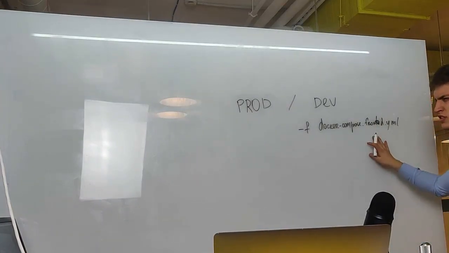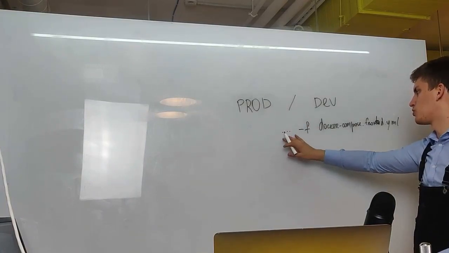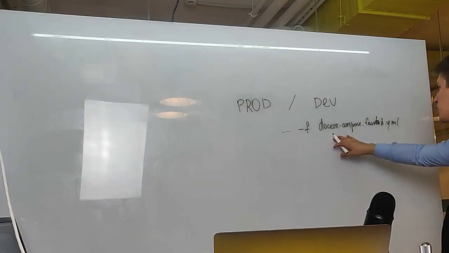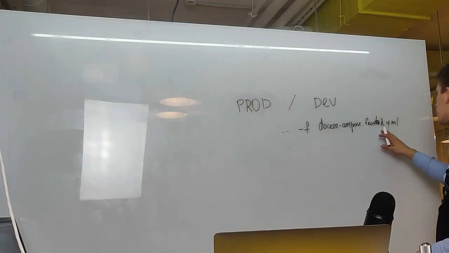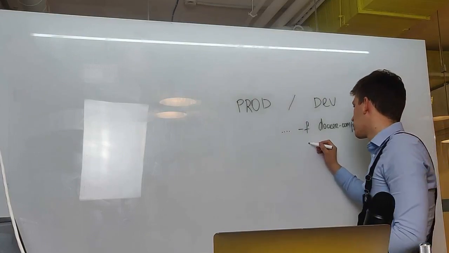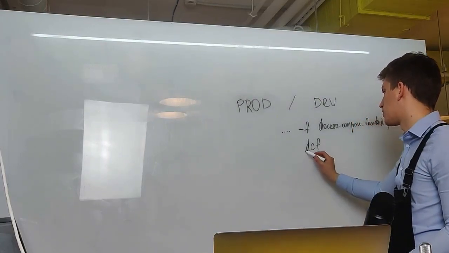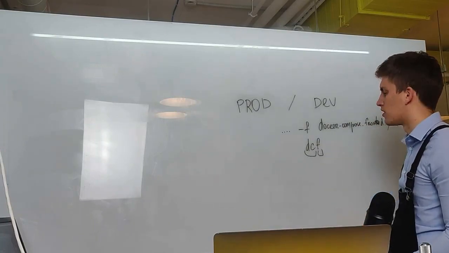So this is an additional file which you will need to include. So you will have your docker compose -f blah blah blah -f docker-compose.frontend.yaml up -d to start it. Or you can use the DCF alias, which stands for docker compose with frontend.